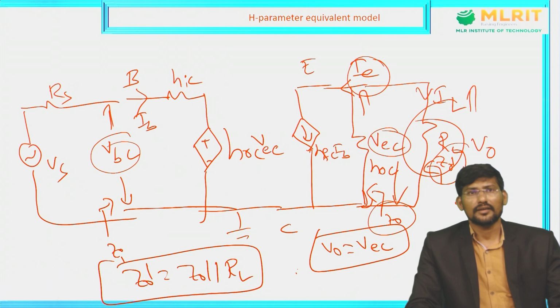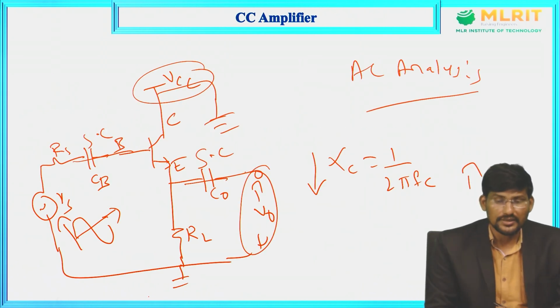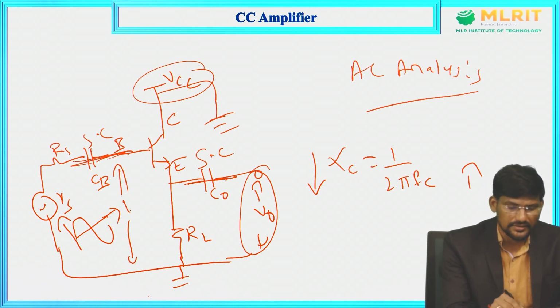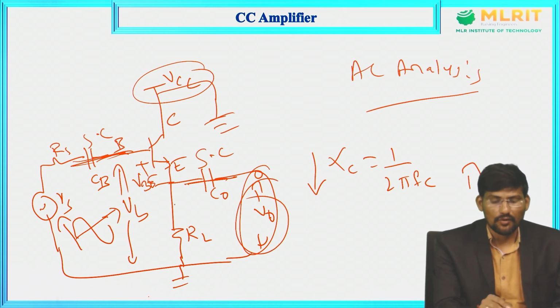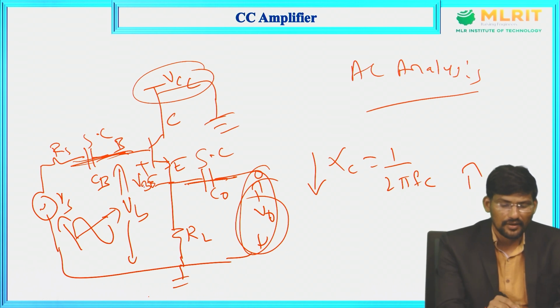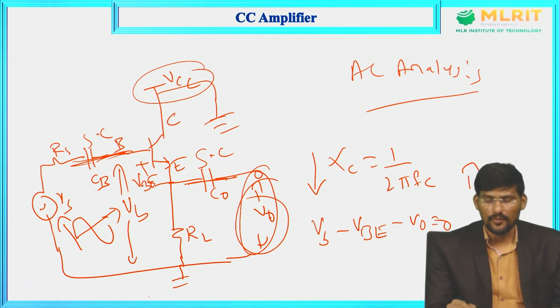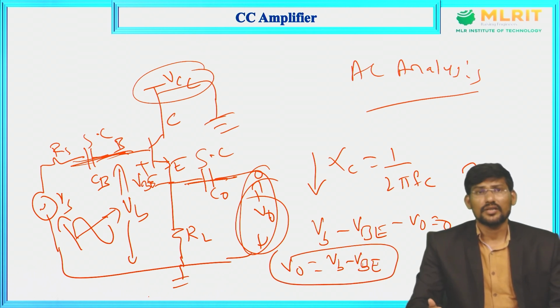And if you see here in the circuitry, if these capacitors are short circuited, this is the base voltage VB, and this is VBE, the base emitter voltage, and this voltage is the output voltage. Now the output voltage follows the input voltage with a difference of VBE. So how can we write the KVL equation? VB minus VBE minus V0 is equal to 0. Therefore V0 is equal to VB minus VBE, the base emitter voltage, that is the cut-in voltage of a given transistor.